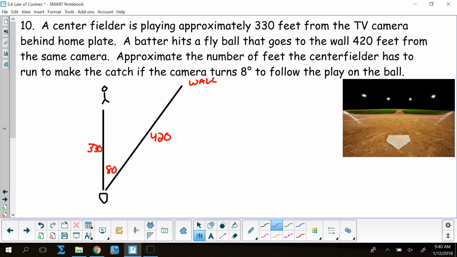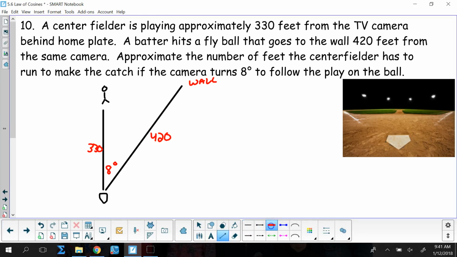Oops, that's not 80 degrees. That needs to be 8 degrees. The camera pans 8 degrees to get to watch the guy catch the ball, and we need to figure out how far he ran. Right?